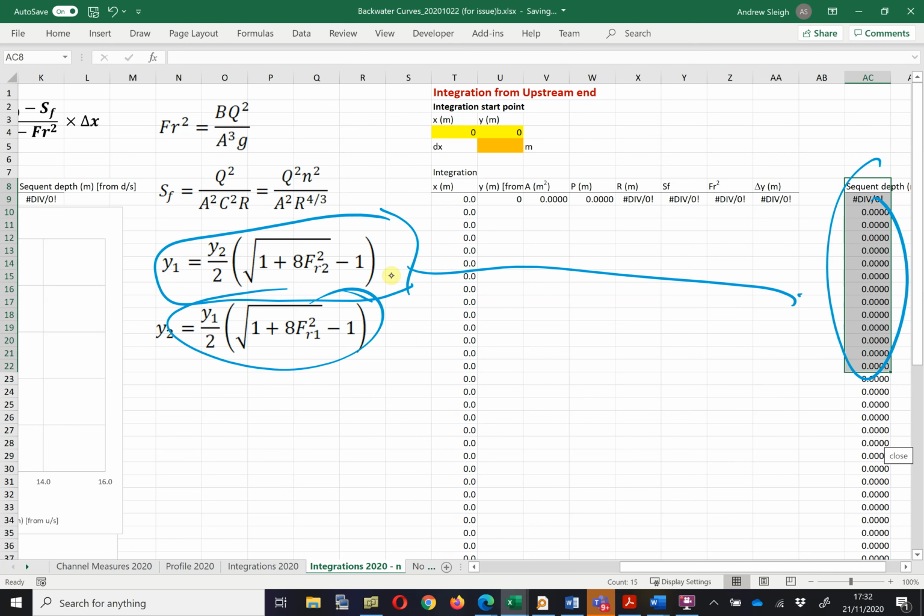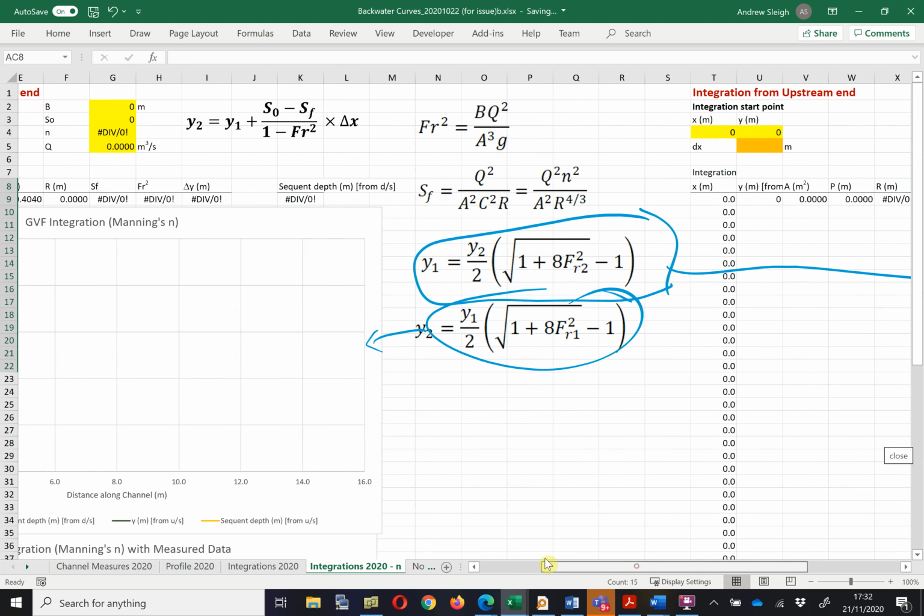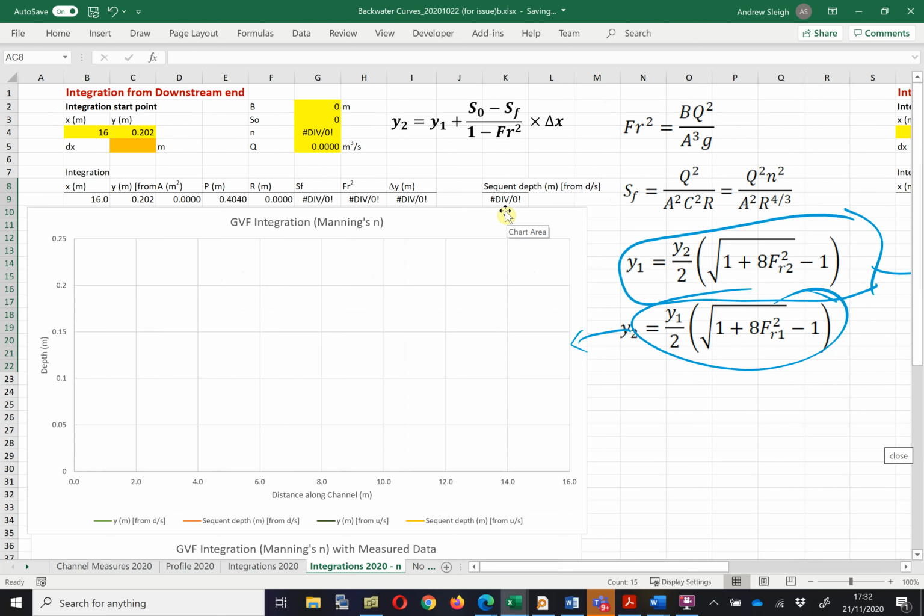That one is on the calculation for the downstream end integration, the subcritical integration. I'll sketch on this graph what diagram it is you are trying to get.